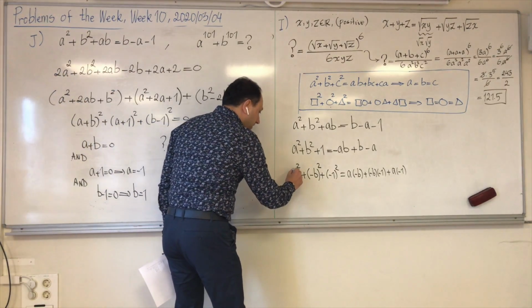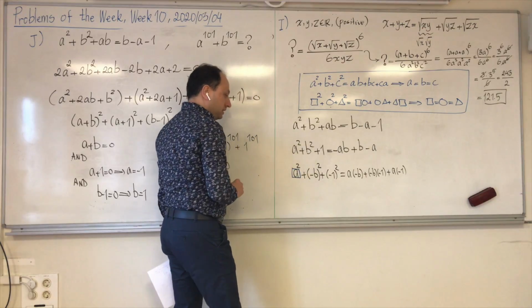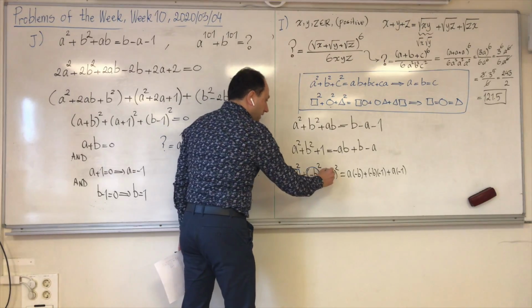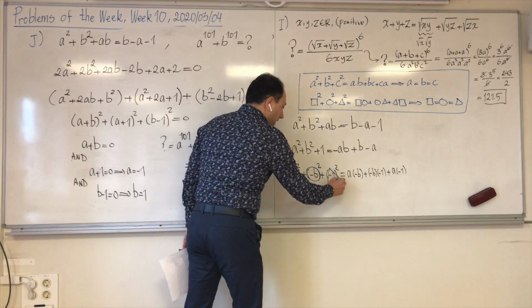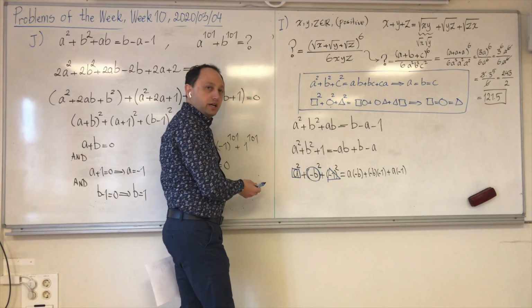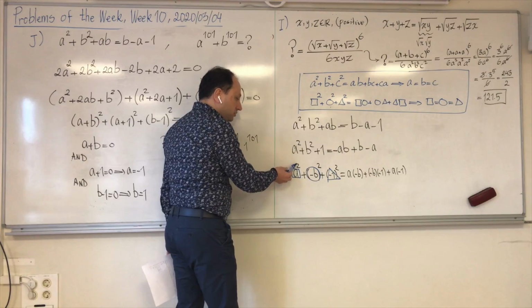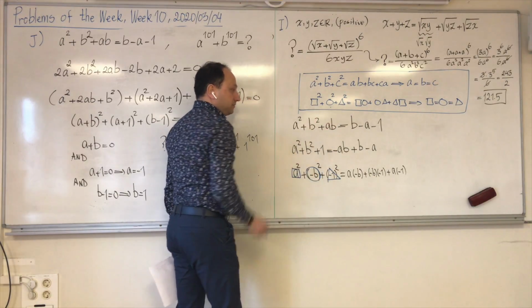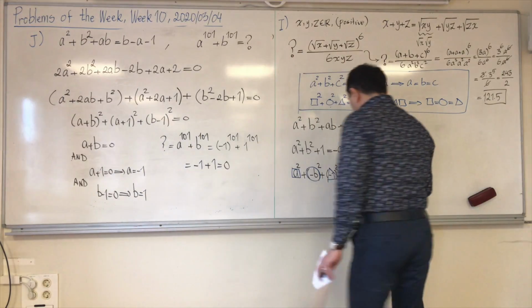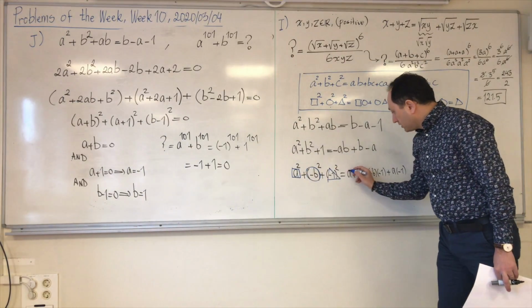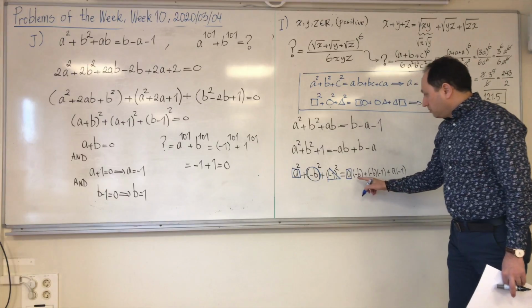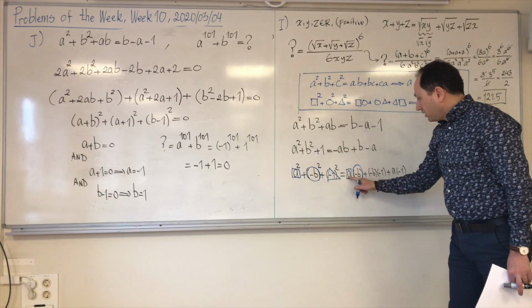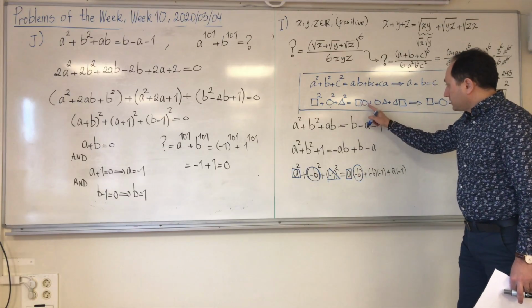So if I take this as my box, this thing as the circle, and this thing as my triangle, the left-hand side reads box to the 2, circle to the 2, triangle to the 2. Exactly. But then let us see what happens here. A is your box, minus b is your circle. So box, circle, box, circle.